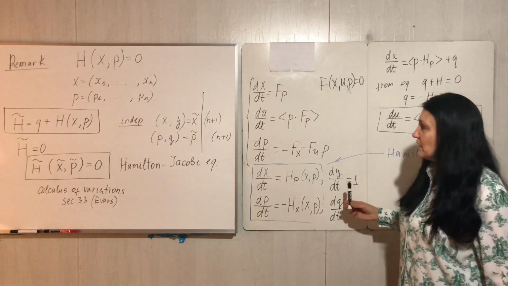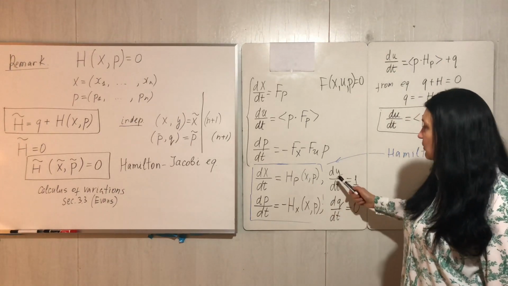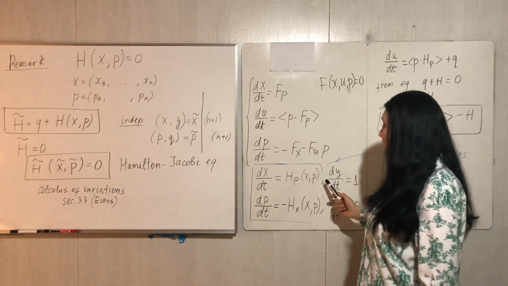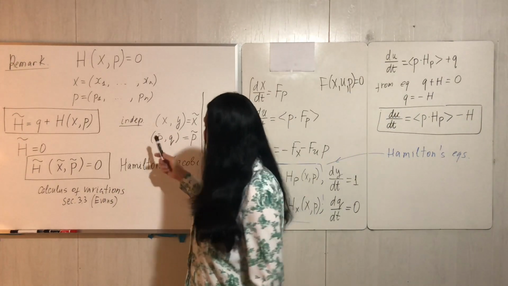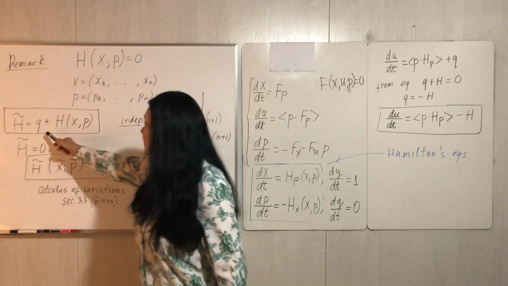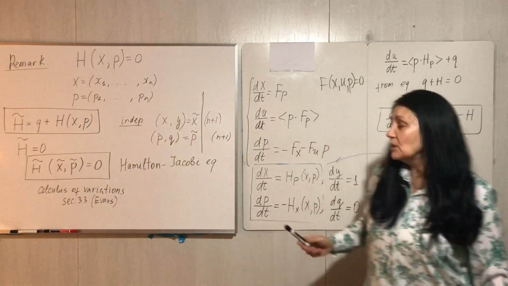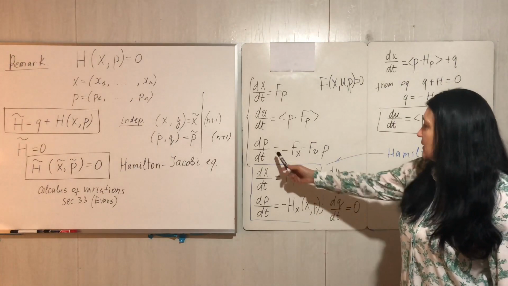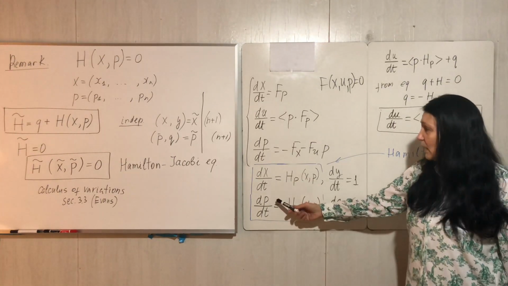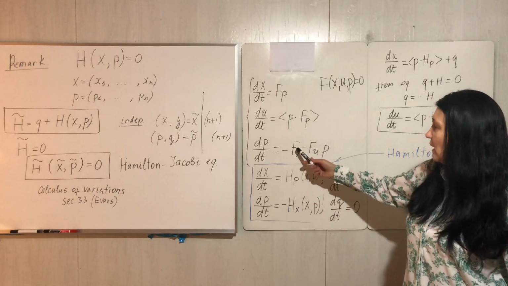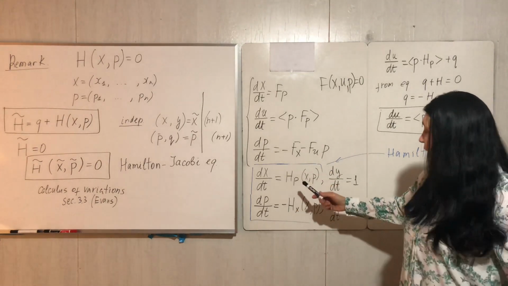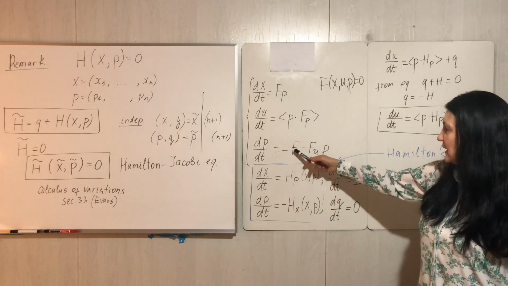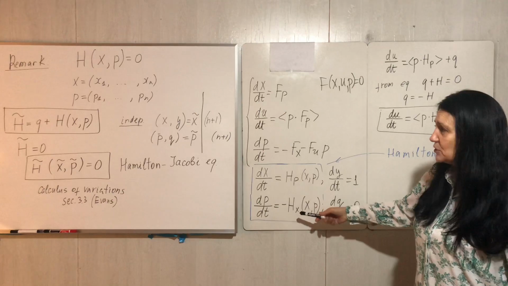And for the last one, the variable y, the last independent variable, when we differentiate with respect to our p tilde vector, we will have the derivative with respect to q, so we will have 1. And then dp/dt, we differentiate, so for the first n components, we will have negative f_x, it will be negative h_x, right?